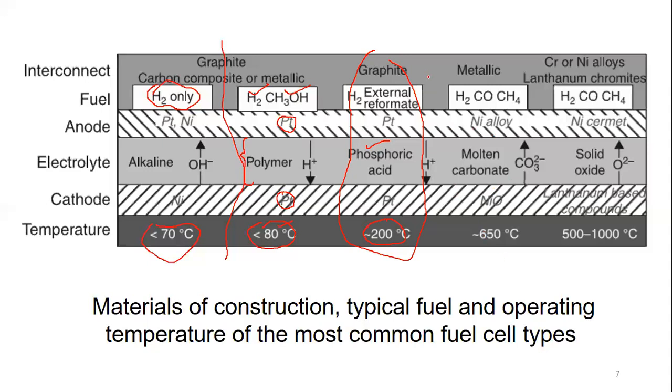So at least you should have the general idea that it's not similar to the alkaline fuel cell, because this region is totally different. Now you can draw a line here: if you are using above 200 degrees centigrade, you have a totally different scenario, and if you are using below 200, you have a totally different scenario.